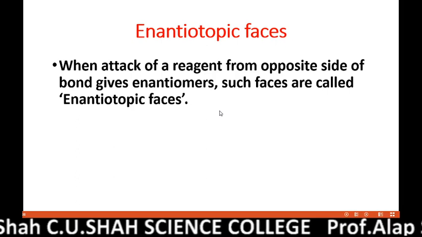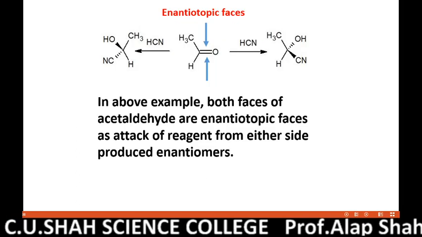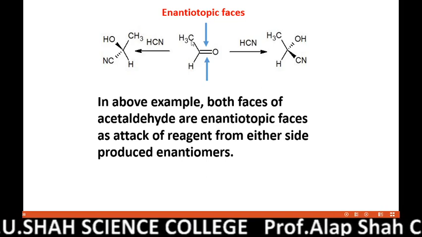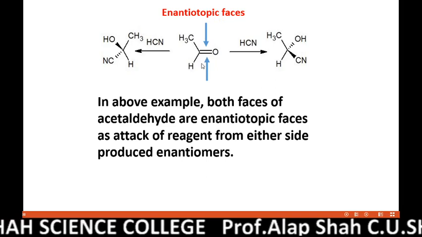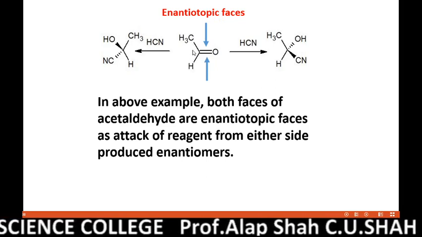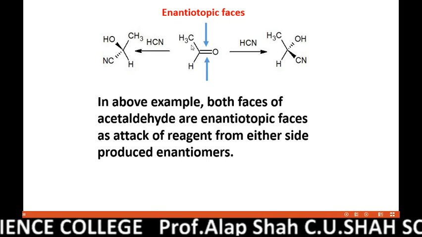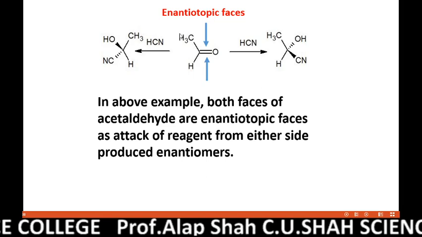Now let us discuss enantiotopic faces. So this time I have taken the example of acetaldehyde, or ethanal. The difference is, in the previous example we had both hydrogens, but since this is acetaldehyde, this group is a methyl group.